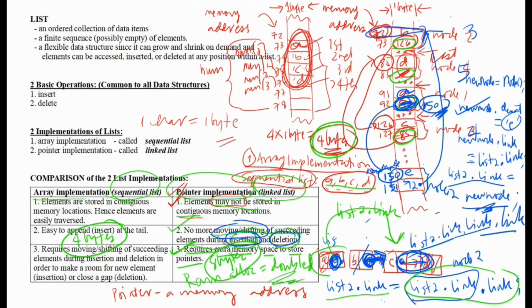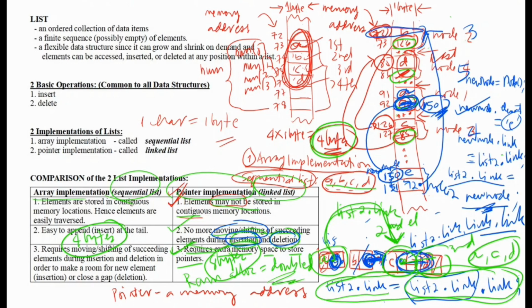So starting from the first element A, when you trace the links, it now points here as the second node or the second element. And this one points there, so D is the third element. Now we only have elements A, C, and D. We have deleted B. And take note that when we delete B, we did not move or shift all the other elements. It takes only one statement to do that, and that is to redirect this pointer to point to the third node.